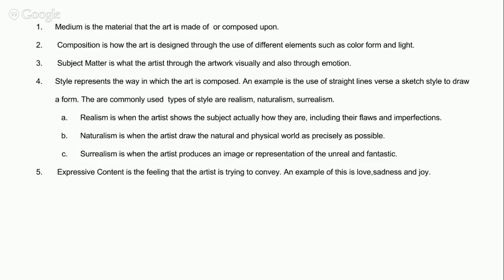And surrealism is more unreal, fantasy, things like dragons, or something trying to represent a dream. And expressive content is the feeling that the artist is trying to convey. So love, sadness, joy, to name a few.